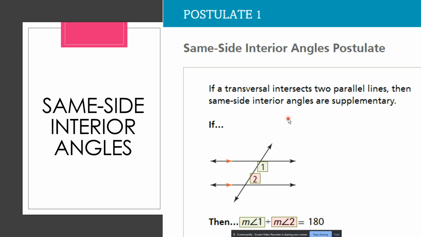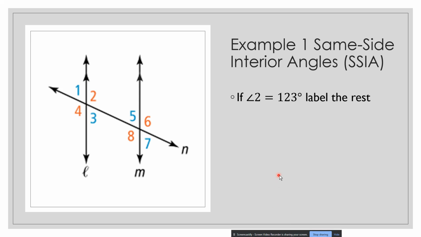So we have 1 highlighted, 2 highlighted. So we add them to 180. Example, same side interior angles. If measure of 2 is 123 degrees right here, label the rest. So we can see that 123 here, same vertical angle down to here. We can also do the Z pattern that's being traced right here for here and our vertical angle.